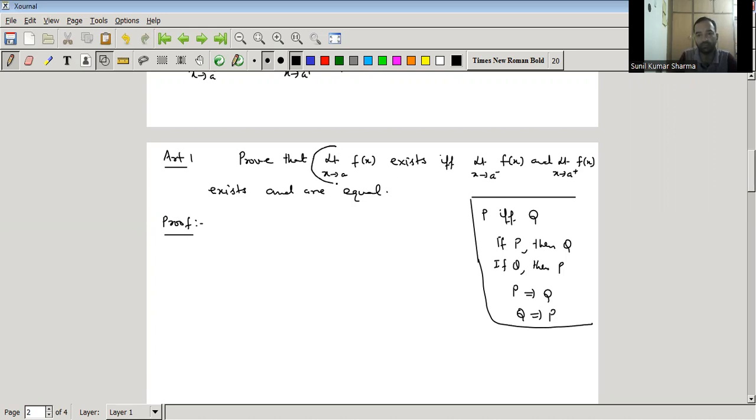This is my P. What is Q? This whole statement is Q. So we have to prove according to this.